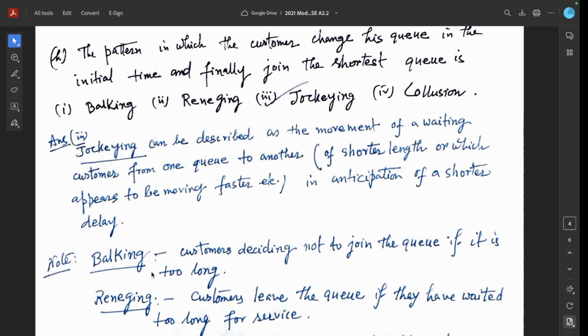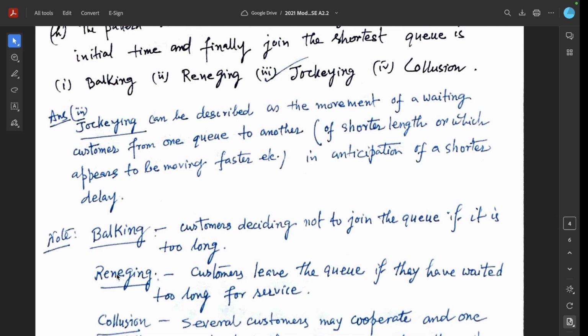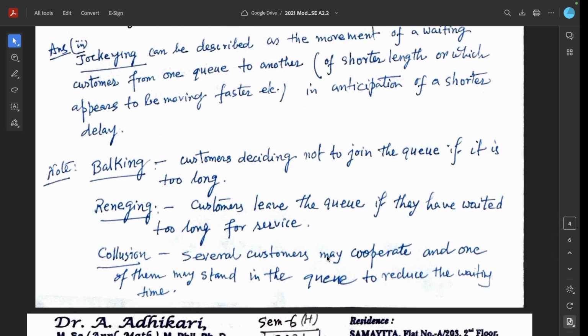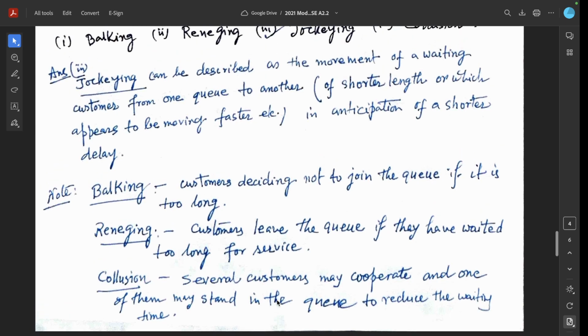This is balking. And reneging is the customer leaving the queue if they have waited too long for service. Leaving the queue after joining is reneging, but not joining the queue is balking. And collusion is when several customers may cooperate and one of them may stand in the queue to reduce the waiting time. This is collusion.